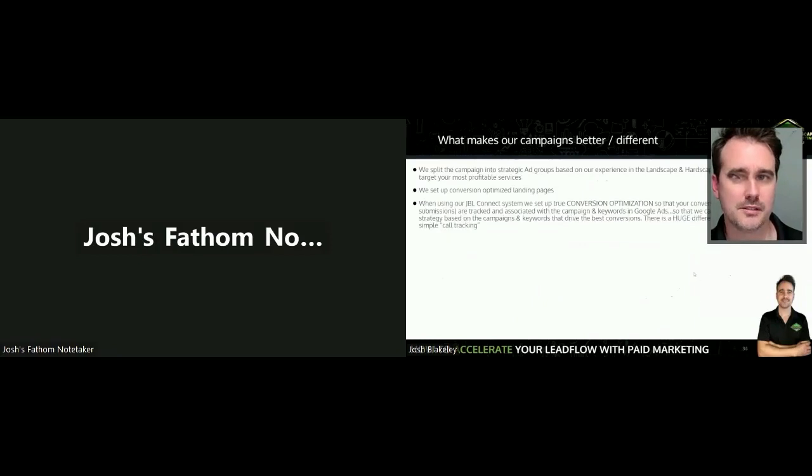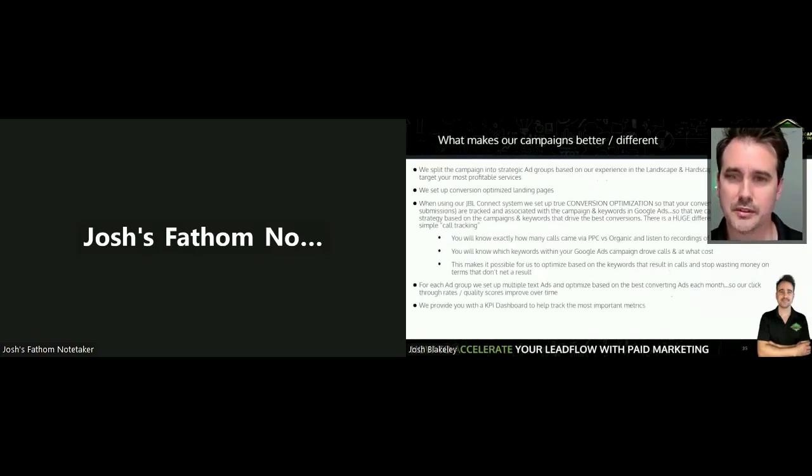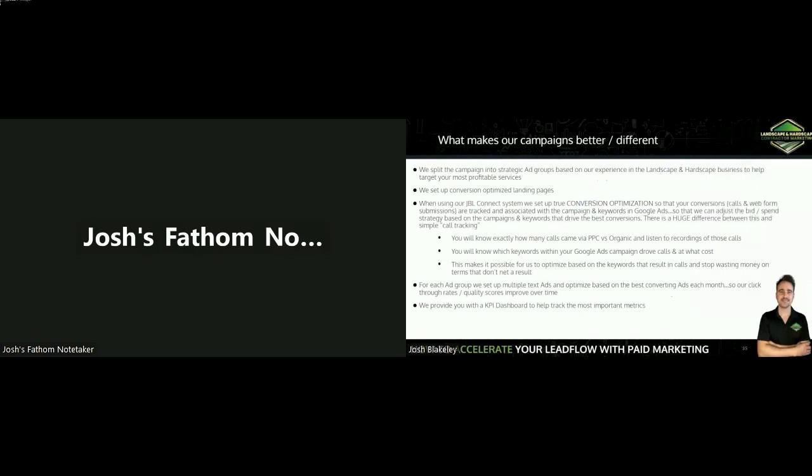Okay. So we practice what we preach. And these are some of the things we're doing to make sure that all of that is in place. Really, the key one there is we have our system called JBL Connect, which is set up for clients on our top level program.